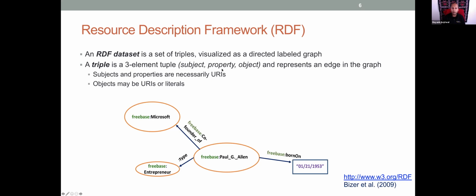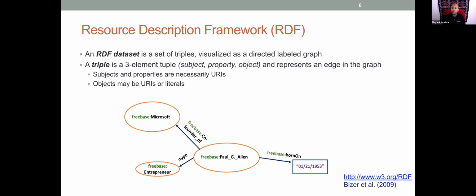The property must also be a URI. The object may be a URI or a literal. A literal is a primitive data type. It could be a string, it could be a number. Think of it that way. There is a more formal definition, but the important thing is the subject and the property, or the predicate, must be URIs. The object may be a URI or a literal.